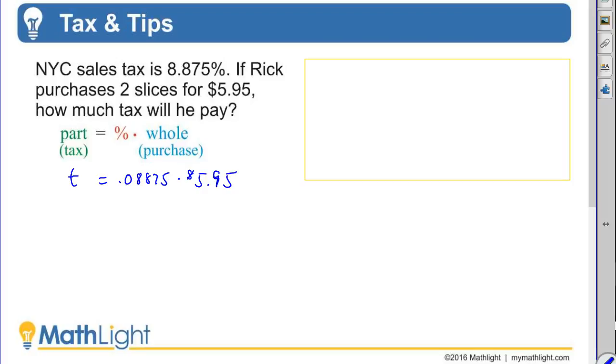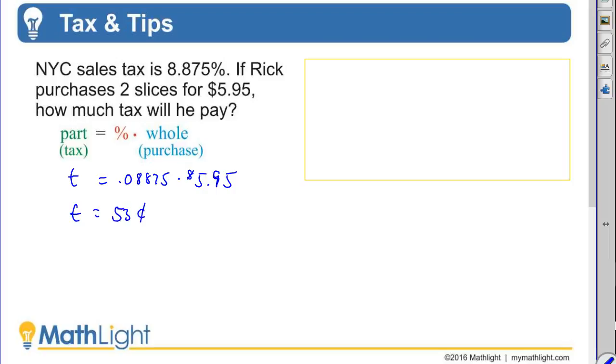And I'm going to grab my calculator, 0.08875 times 5.95, and I get 53 cents. So T equals 53 cents.